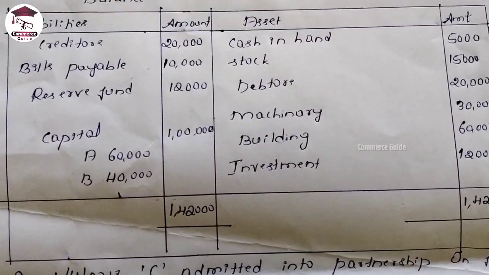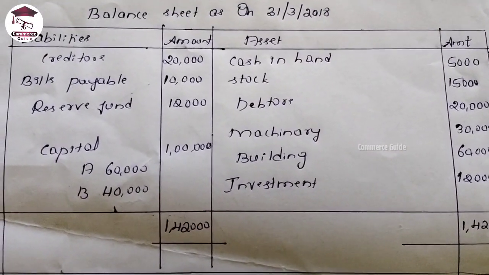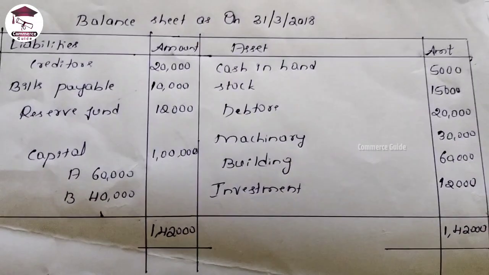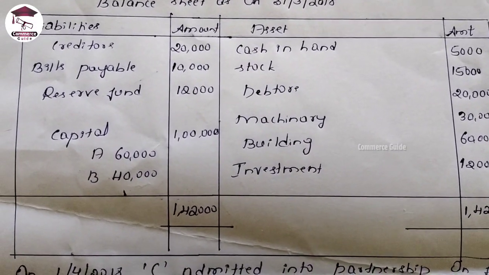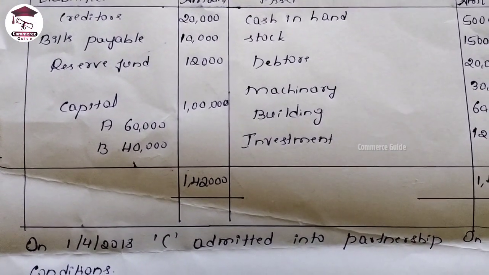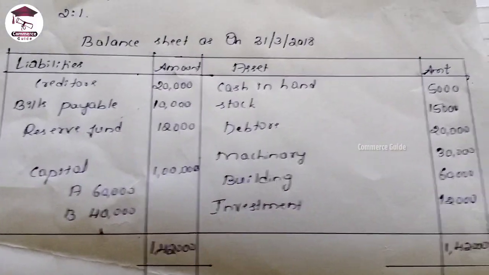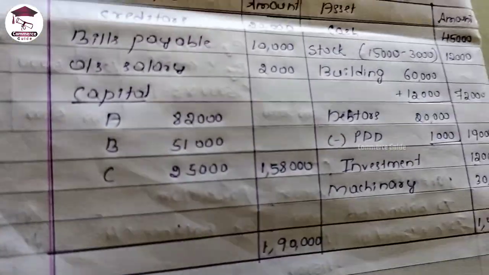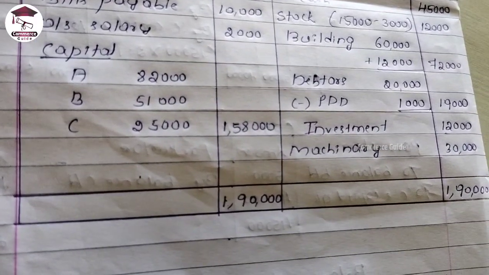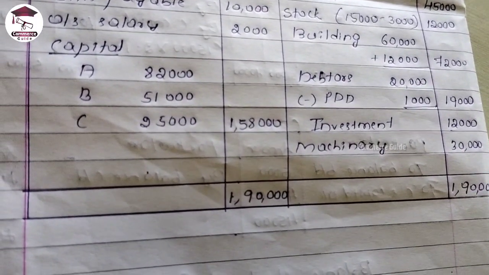Next we have debtors 20,000, and the adjustment provision for doubtful debts 5% on debtors, that is 1,000. So debtors 20,000 minus PDD 1,000, 19,000.